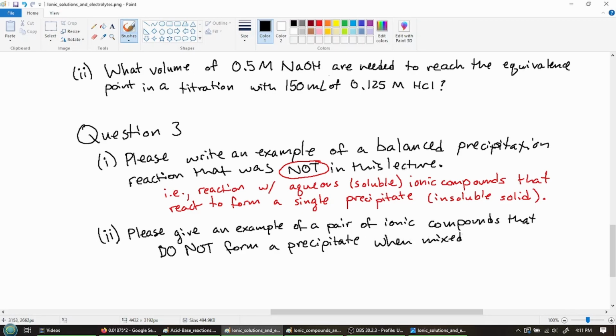And this is specifically going to be two that do not form a precipitate when mixed in water. I'm going to say the example should not be from this lecture either.